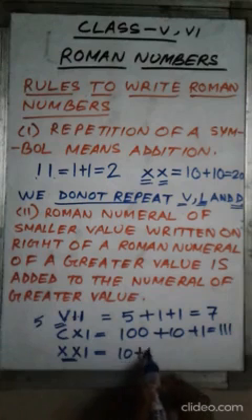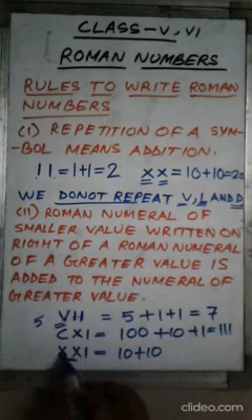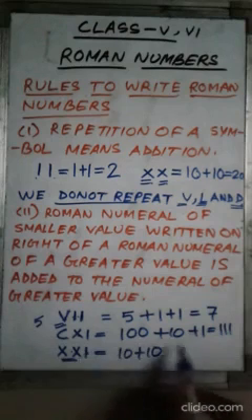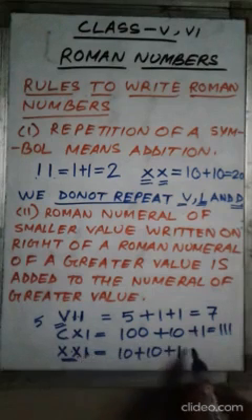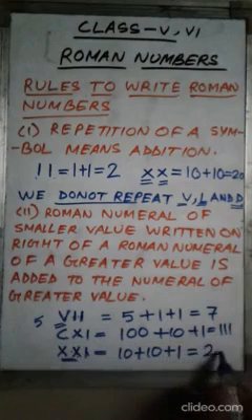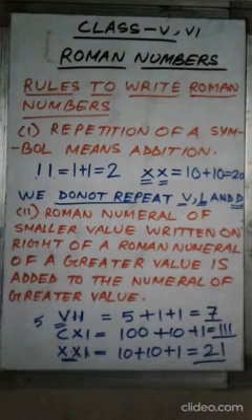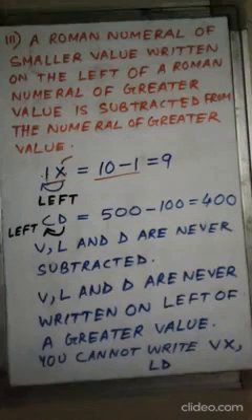Therefore we add this plus this, and on the right side is a smaller value, so we add this smaller value. So it will be equal to 21. In this way you have to write the Roman numbers.